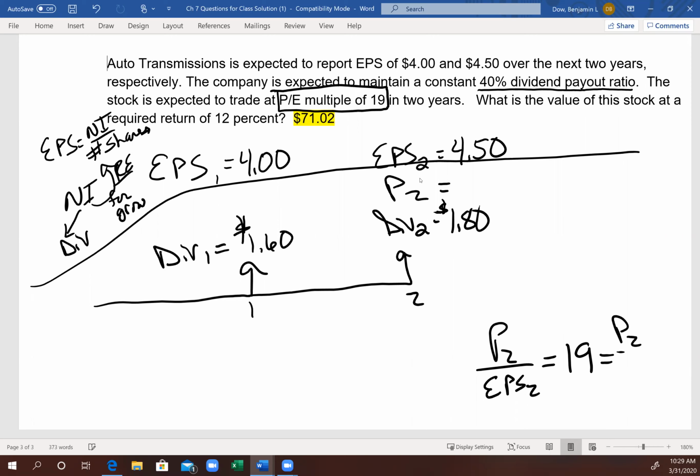If earnings per share 2 is $4.50, then P2 would be equal to $85.50.